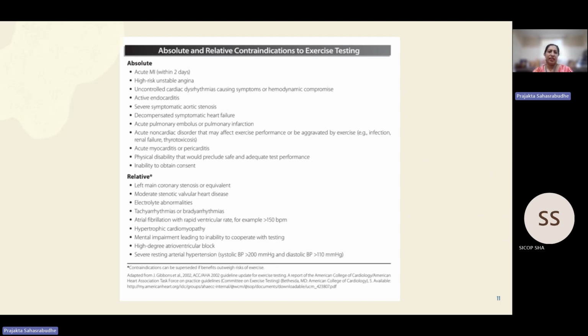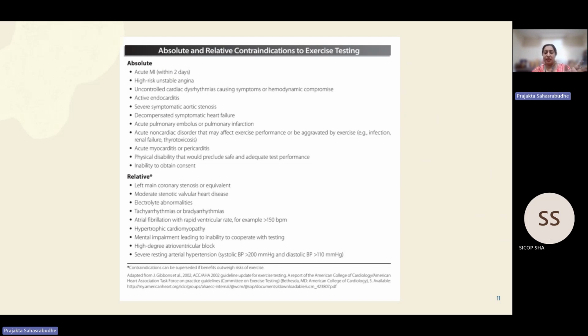So absolute contraindications like acute myocardial infarction, high risk unstable angina, if the patient is having dysrhythmias, severe aortic stenosis, uncompensated heart failure, if there is inflammation of myocardium, so myocarditis or pericarditis, physical disability, acute pulmonary embolism.